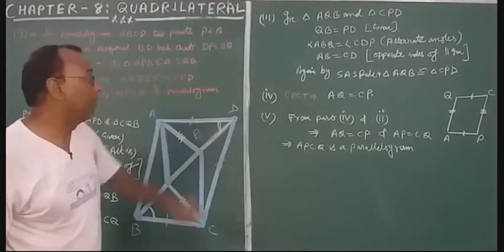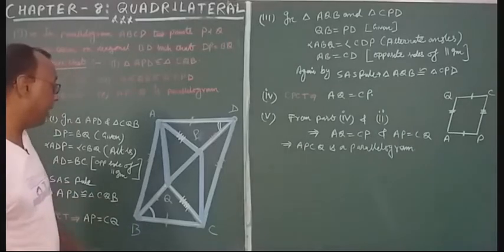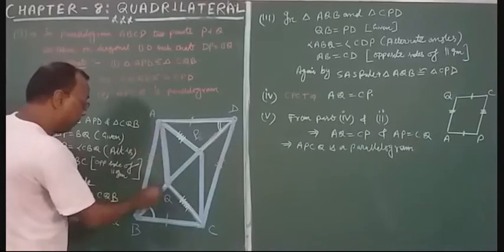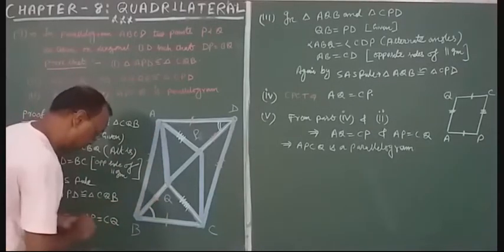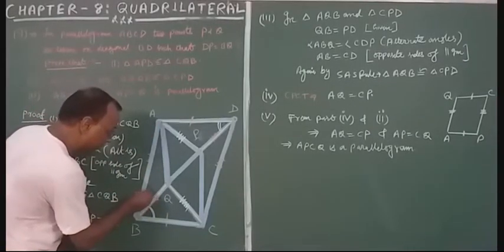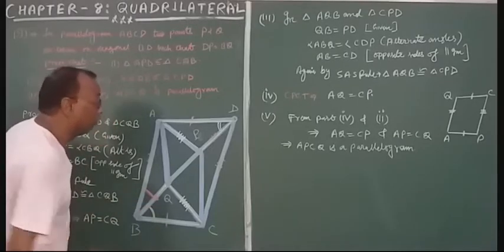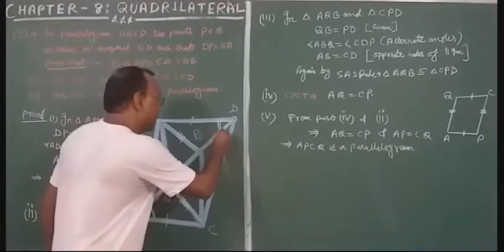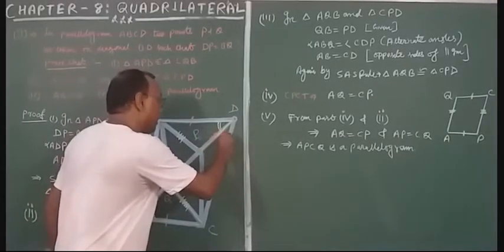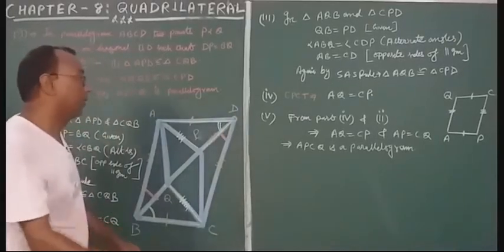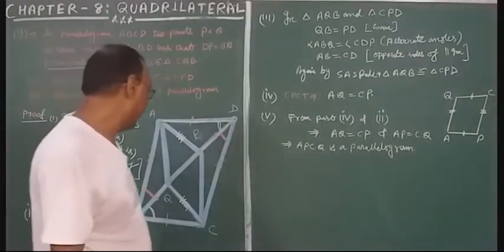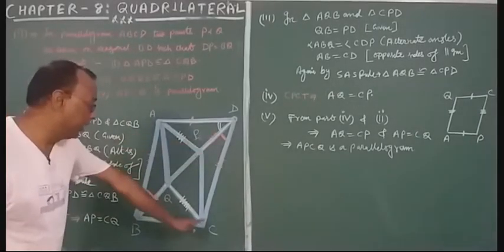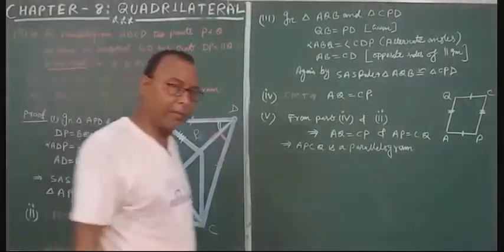Angle ABQ will be equal to angle CDP because they are alternate angles, and the side AB is equal to CD because they are the opposite sides of a parallelogram.